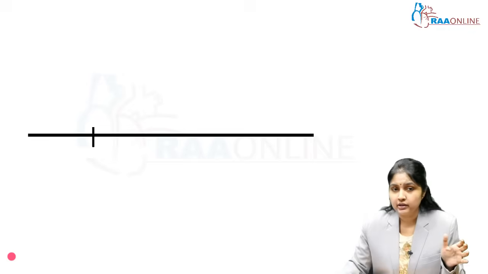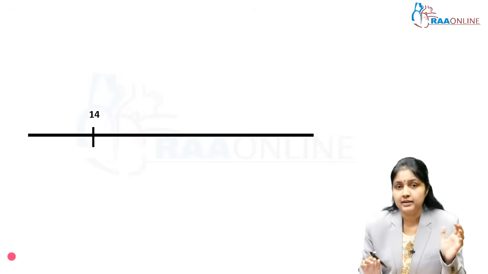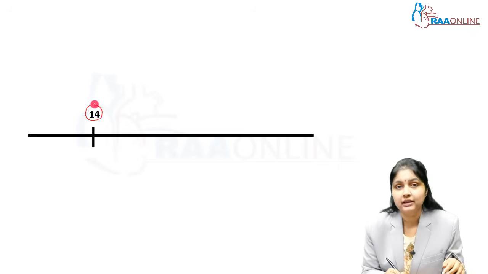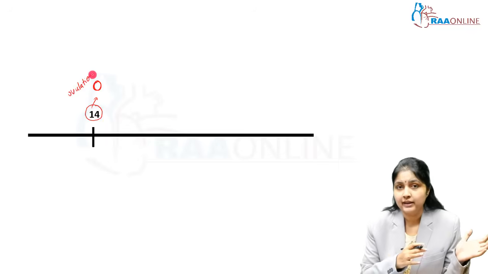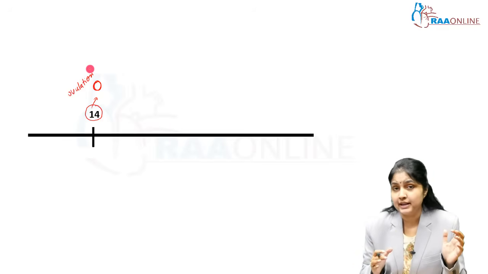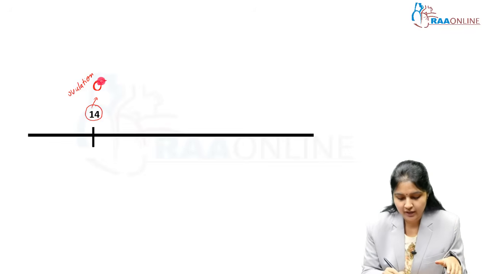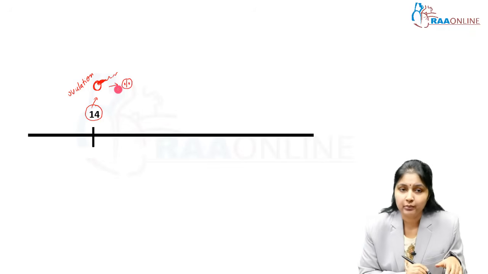So let's look at a timeline of what happens in a woman's menstrual cycle. Let's say the woman has a regular menstrual cycle. We expect ovulation around the 14th day, when the egg, or oocyte, is released from the ovary. Around this time, if she has intercourse and there is fertilization, it leads to the formation of a zygote, or the early embryo.